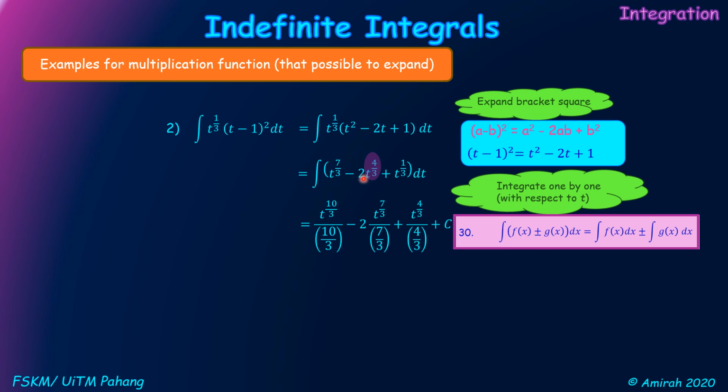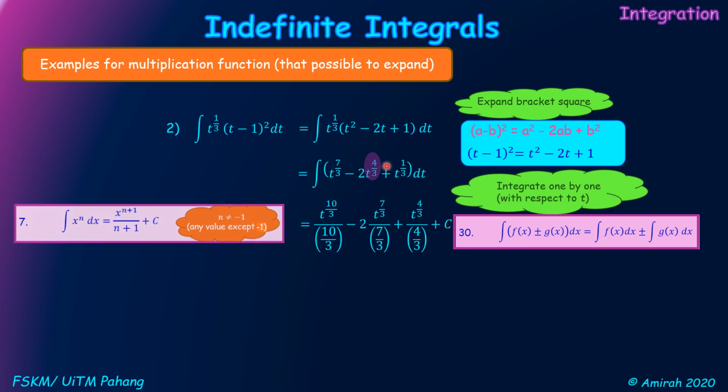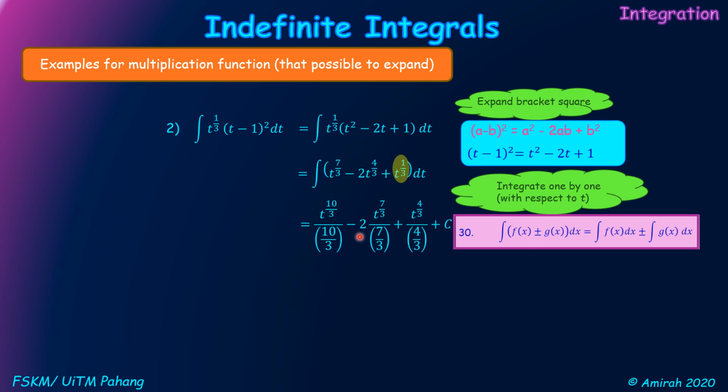Then we still have the constant 2 here, and we integrate t to the power of 4 over 3 using the same formula. We add 1 to 4 over 3 here, so we get t to the power of 7 over 3, and then over n plus 1, meaning over 7 over 3. We still have the constant 2 in front here.